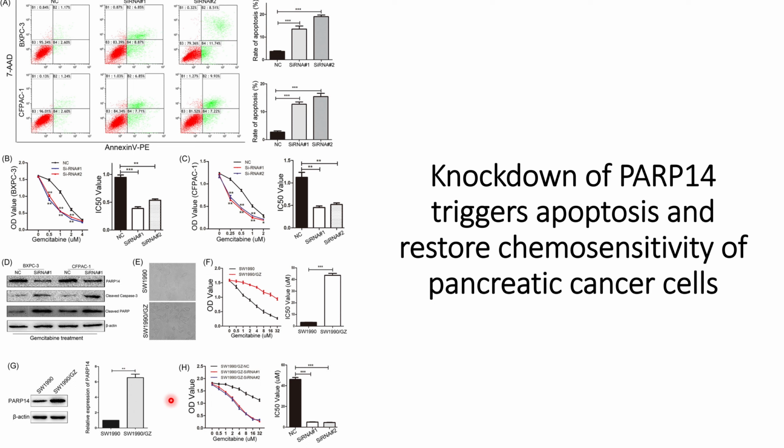And when PARP has been knocked down in these gemcitabine resistant cell lines, they are able to see that the amount of live cells goes down. They did dose dependent studies on gemcitabine, and we can see a similar trend: compared to the control, that is gemcitabine resistant cells, the number of live cells has gone lower when these gemcitabine resistant cells are treated with silencing RNAs against PARP14.